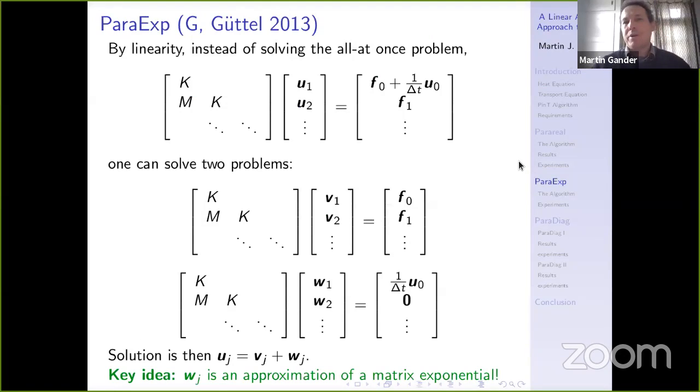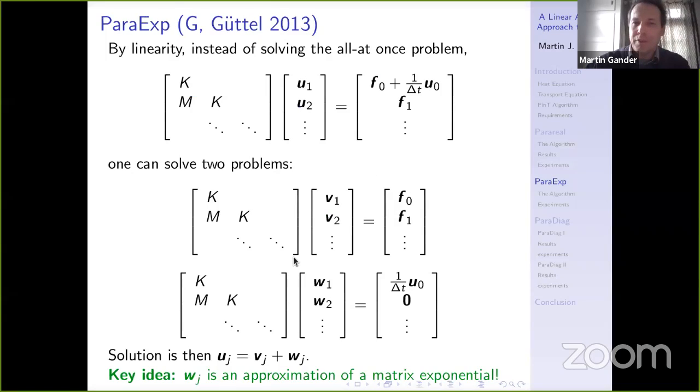The next algorithm I would like to explain is ParaExp. This is an algorithm that Stefan Guttel developed when he was a postdoc here in Geneva. And the idea is very simple. We take again our all-at-once system, and instead of solving this system, we solve two systems. We solve two problems.